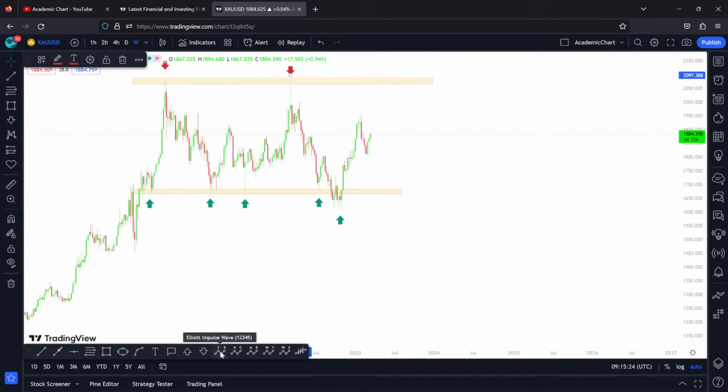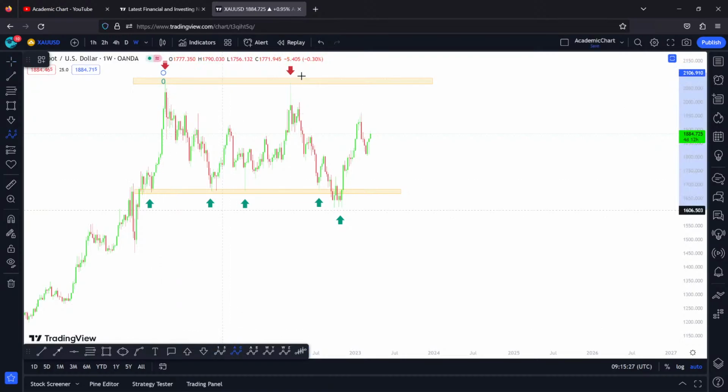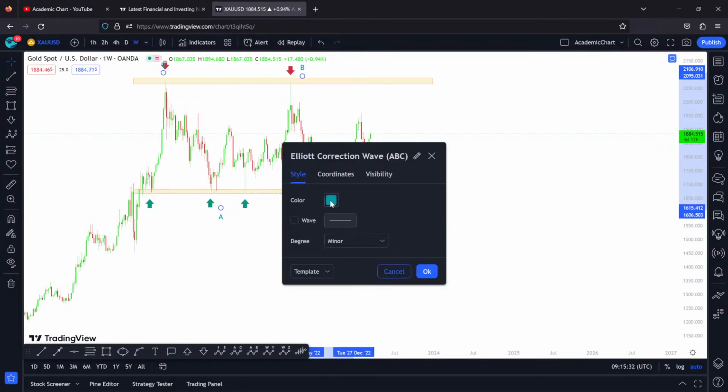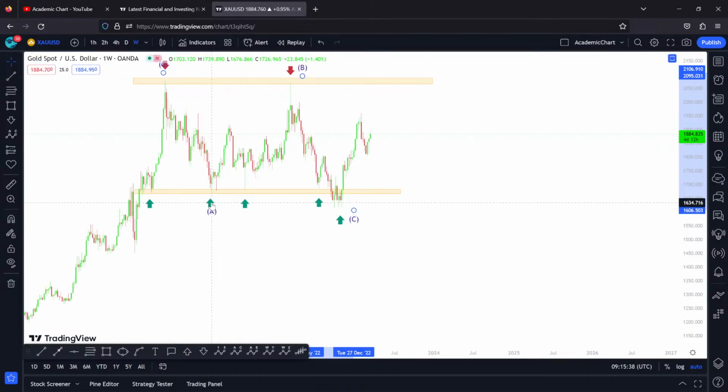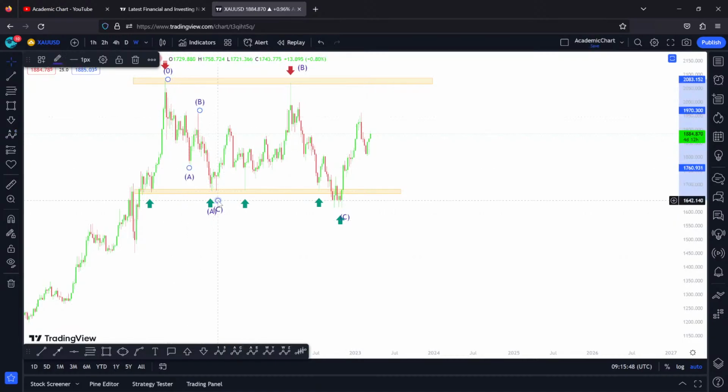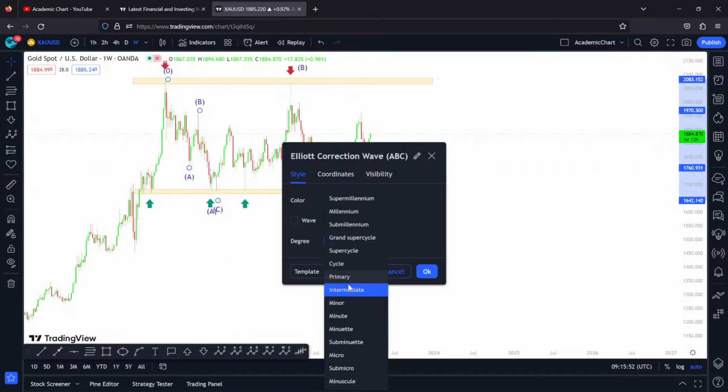We know that the flat is a generic ABC, and as the intermediate wave, let me clarify this as such. This ABC here, and we also know that a flat contains minors of 3-3-5. So this is going to be the minor wave.